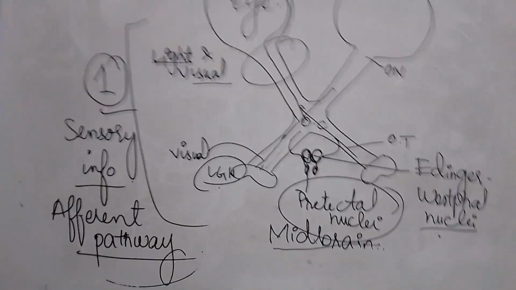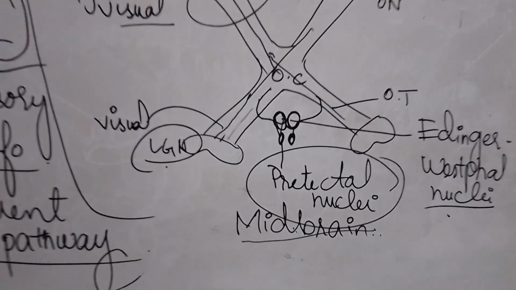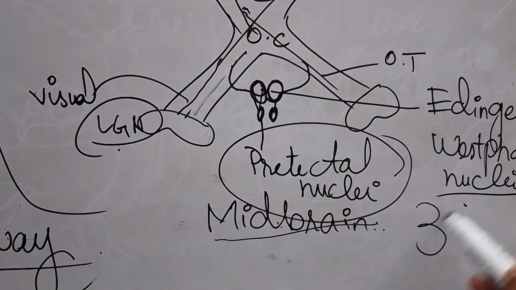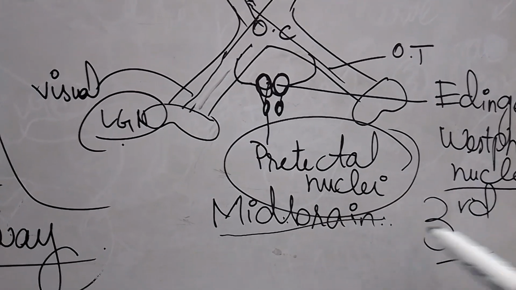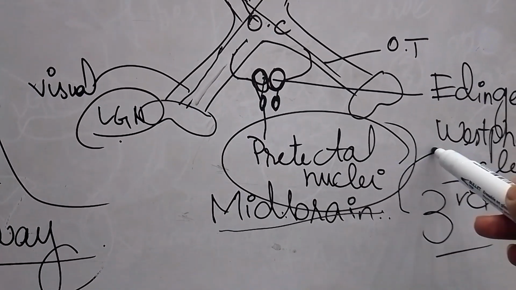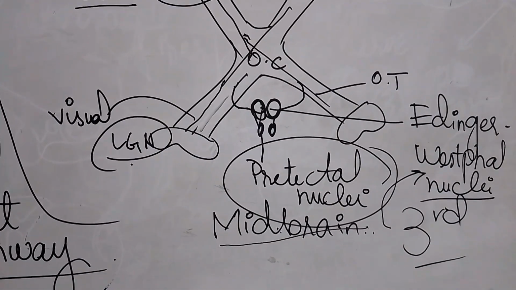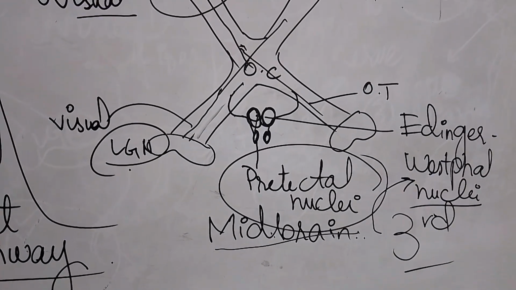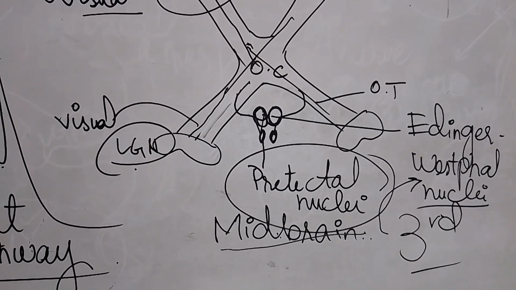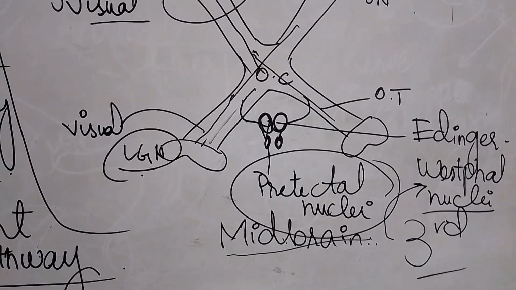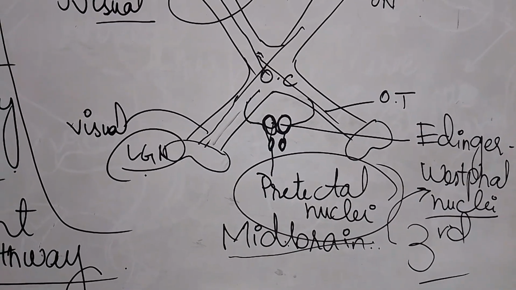The third cranial nerve is the oculomotor nerve, and its nucleus, the Edinger-Westphal nucleus, is responsible for the dilation or constriction of the pupil, to regulate the amount of light in the eye.